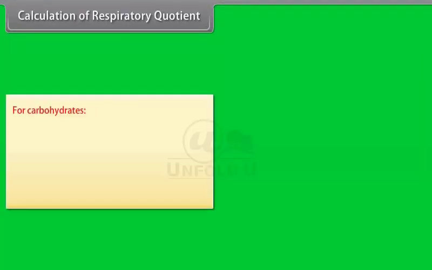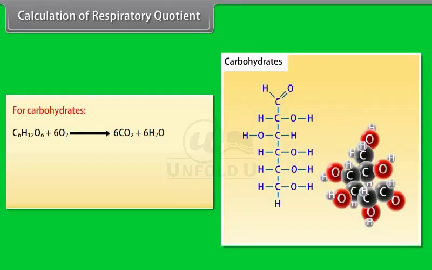Calculation of respiratory quotient. For carbohydrates, C6H12O6 + 6O2 gives 6 CO2 + 6 H2O. Respiratory quotient can be calculated as 6 CO2 by 6 O2 is equal to 1.